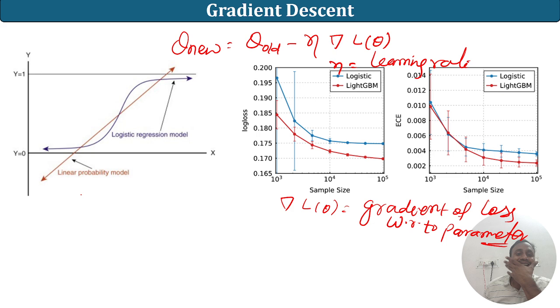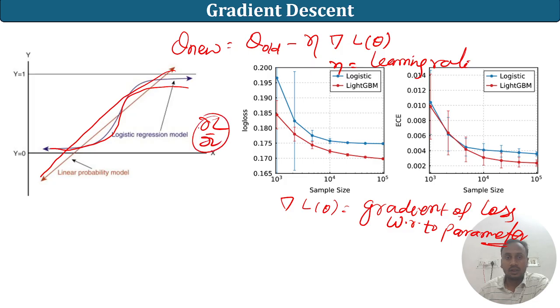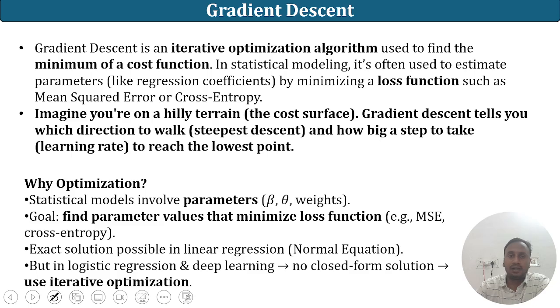If we talk about the linear probability model and logistic regression, we can see how they make some differences. This is the log function, and this gives the linear probability model. In the case of logistic regression, it gives more of a picture of the slope compared with the linear probability model.